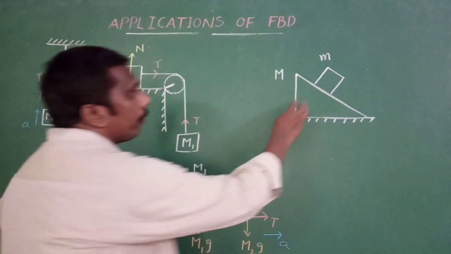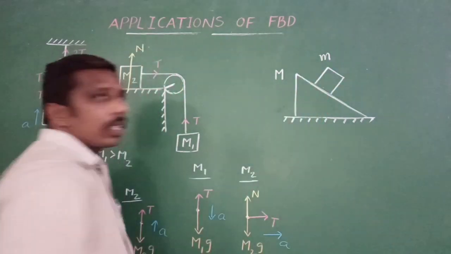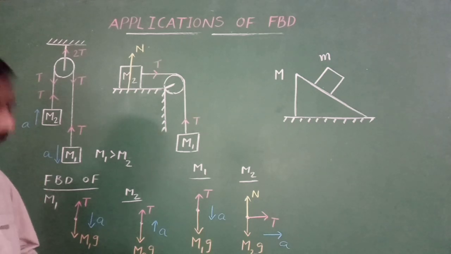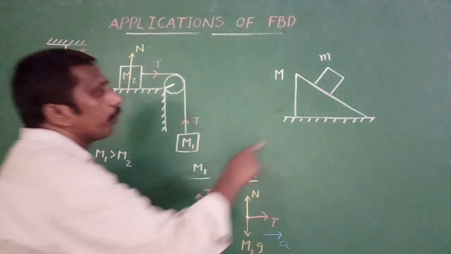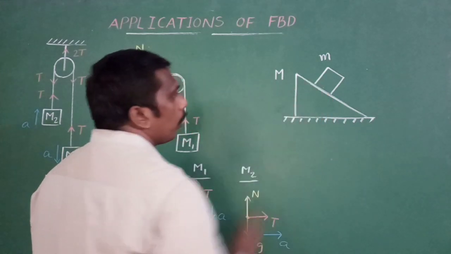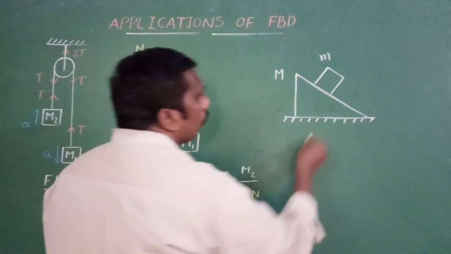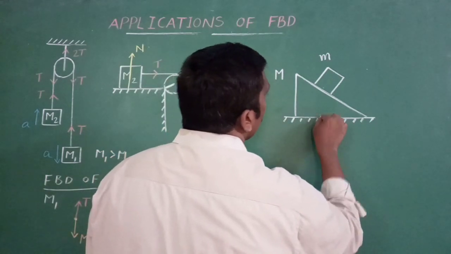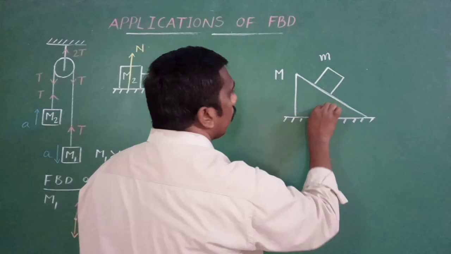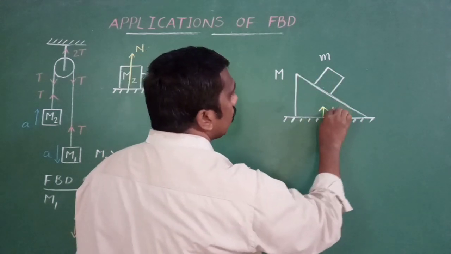Here, this is called a wedge and this is a mass. Mass m is placed on the wedge. In this case, the wedge is in contact with the floor under this block. Because of this floor, one normal reaction acts in the upward direction. This is the normal reaction N1 on the wedge.